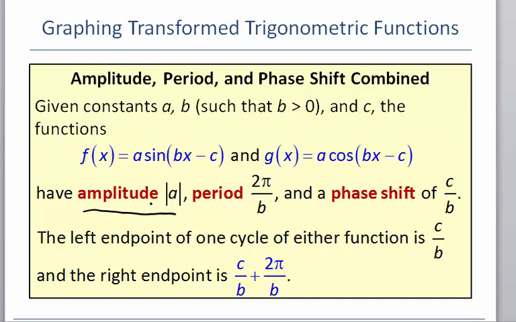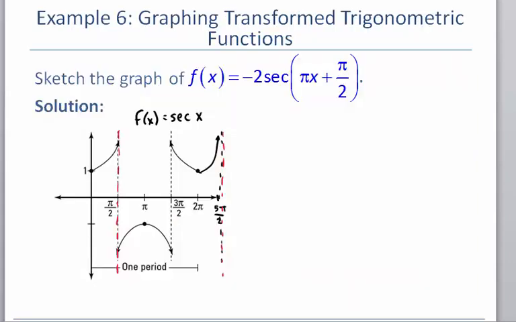So as I look at this example, let's talk just a second about amplitude. If I'm looking at the number sitting in front of my function, I can see that the amplitude is going to be 2, because remember that the amplitude is the absolute value of the a. Our a value is negative 2, and the absolute value of negative 2 would be 2.